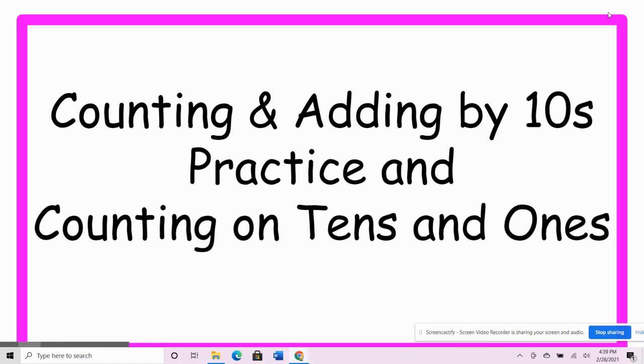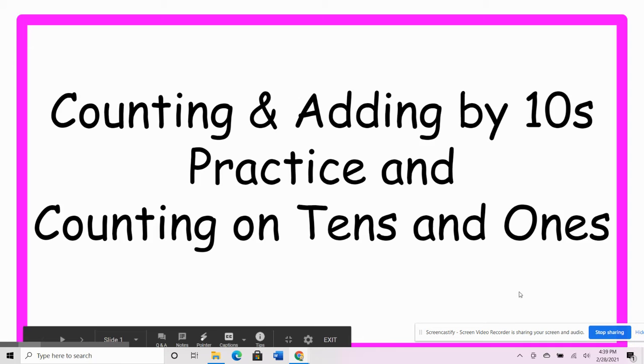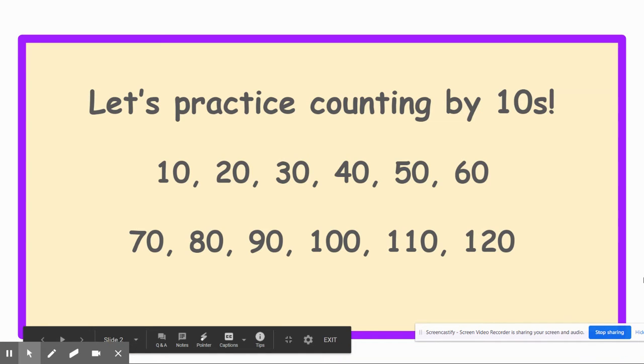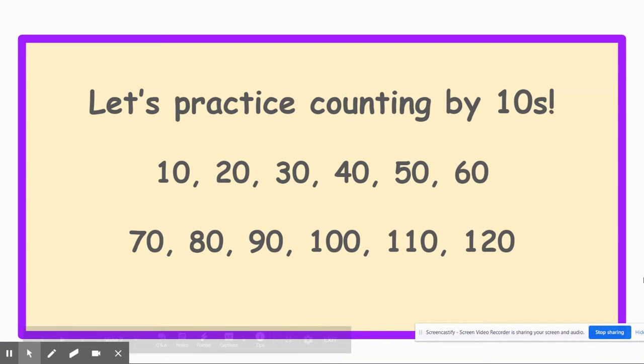So here is our first slide. We're going to practice counting by tens. You can also save this slide and keep practicing later. Here we go.